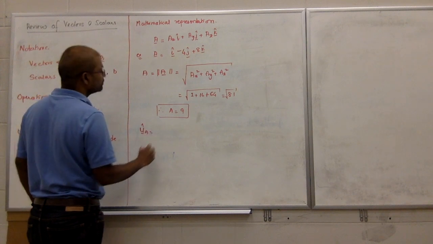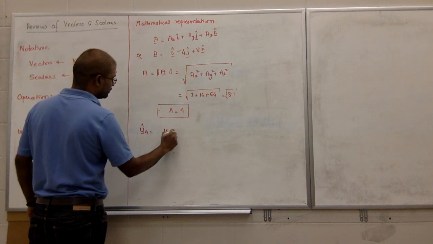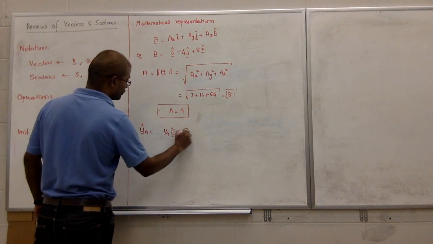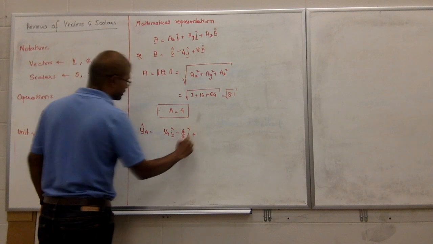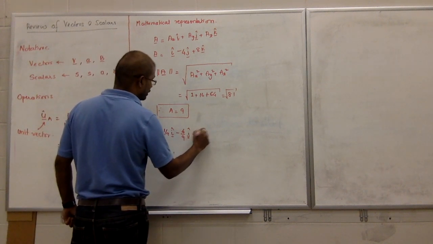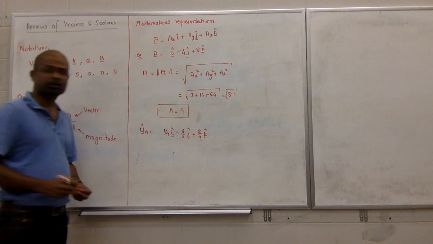It is simply 1 over 9 i minus 4 over 9 j plus 8 over 9 k. Does that make sense?